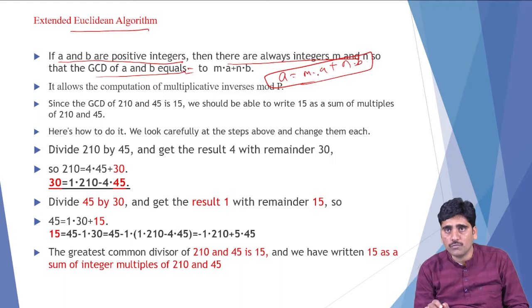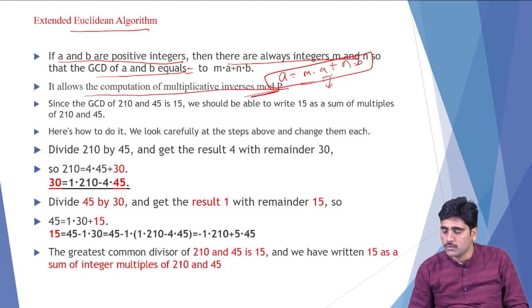So that is what we mentioned here. This formula is for finding the congruences when the GCD of a, b, or y, z, equals 1. It allows the computation of the multiplicative inverse mod b.